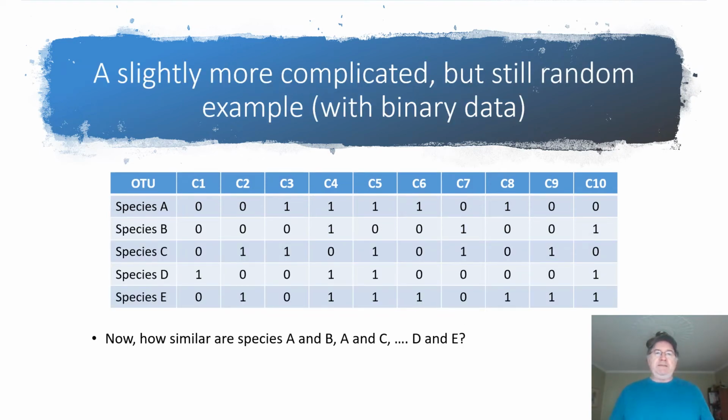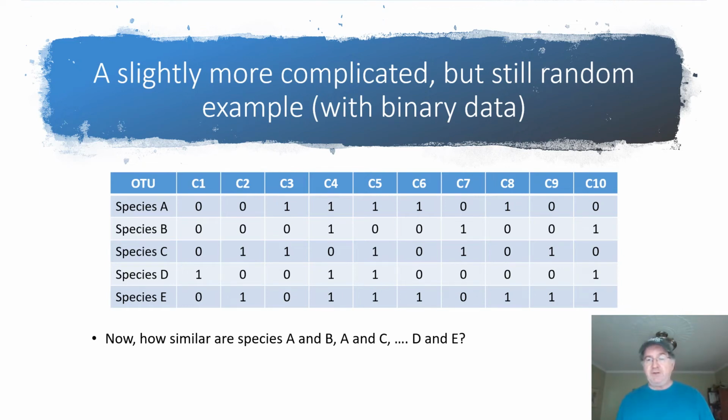So let's make this a little bit more complicated, not much, because I still have random data. But in this case, I'm still dealing with binary data. I'm not going to get into it, but you can, if you are inclined that way, generate your own similarity matrix where you don't have just binary data, but you have what we call multi-state characters.